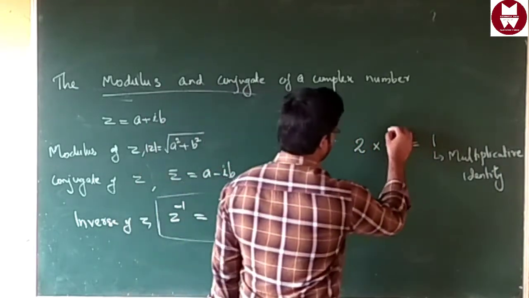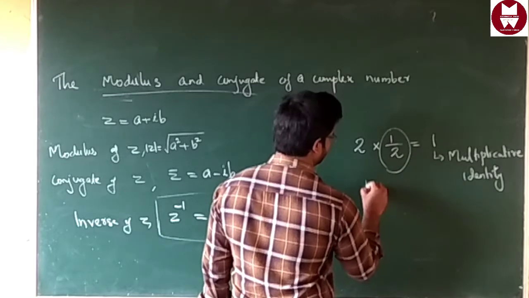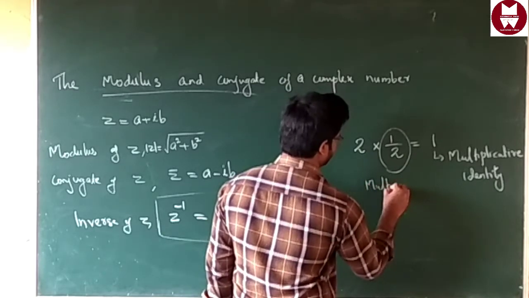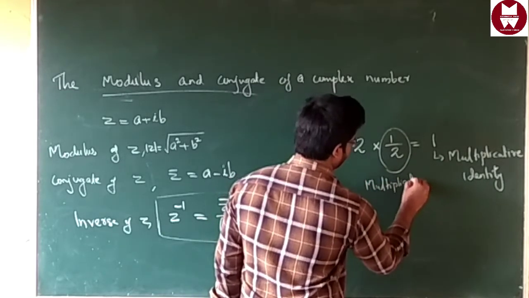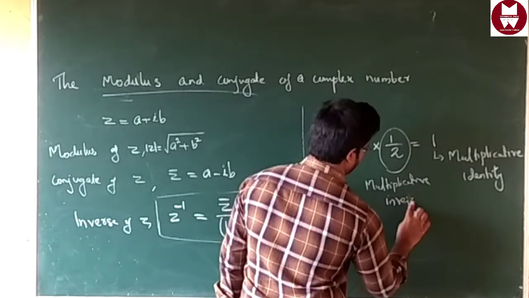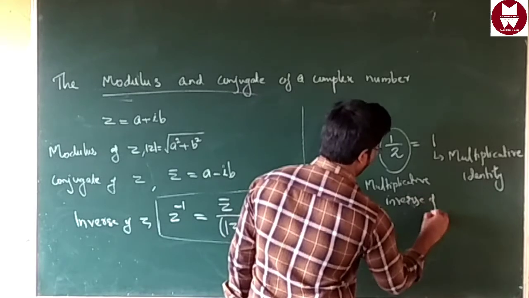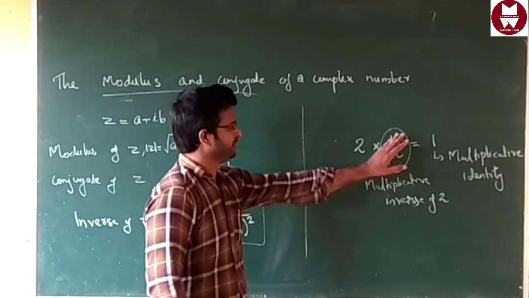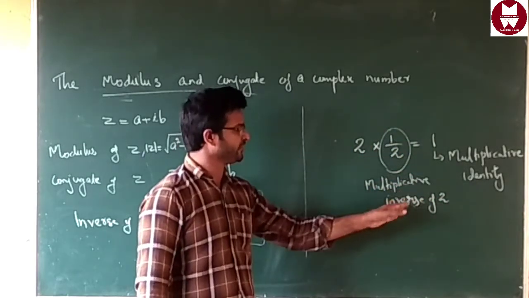Then this 1 by 2 is known as the multiplicative inverse of 2.